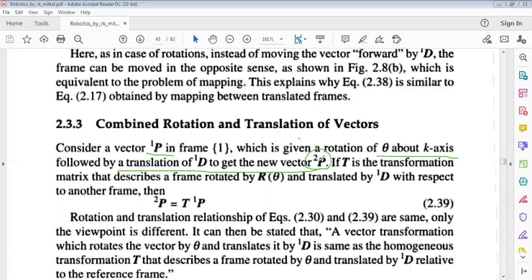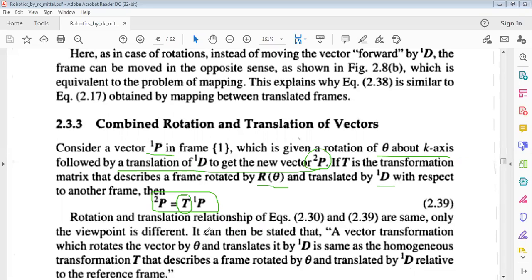So the mathematical relation is 2P = T 1P, where T is again the 4x4 transformation matrix, in which R of theta is the 3x3 rotation matrix, and 1D is the 3x1 translation vector.